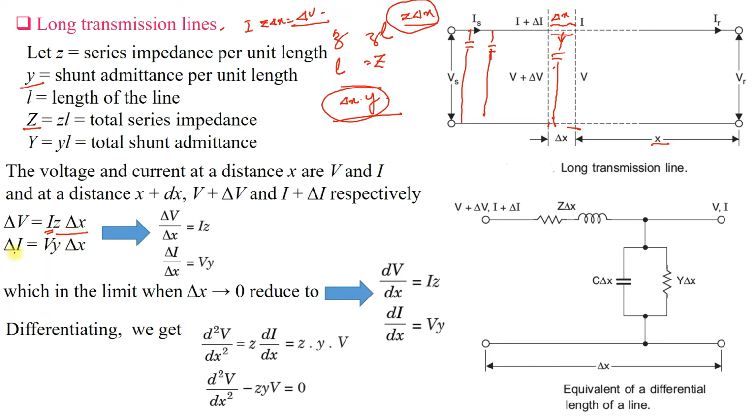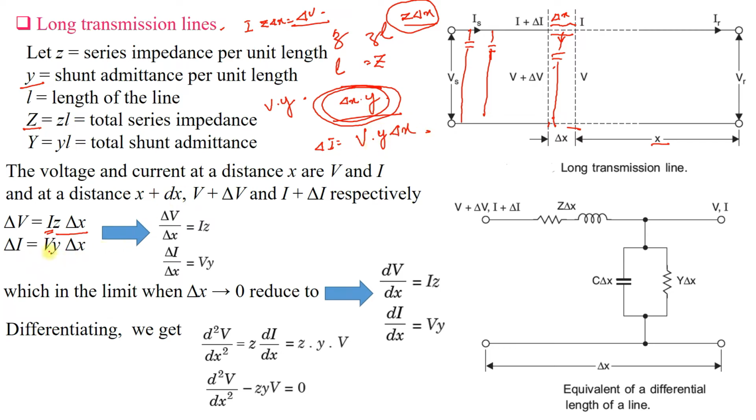Similarly, on the same lines of argument, if you change the length of the transmission line under consideration from x to x plus delta x, the change in the admittance will be y into delta x. We know the current is given by V into the admittance. So the change in current will be delta I, which is equal to V into this admittance, y into delta x.